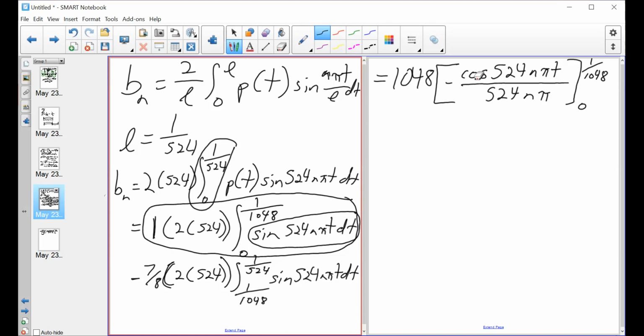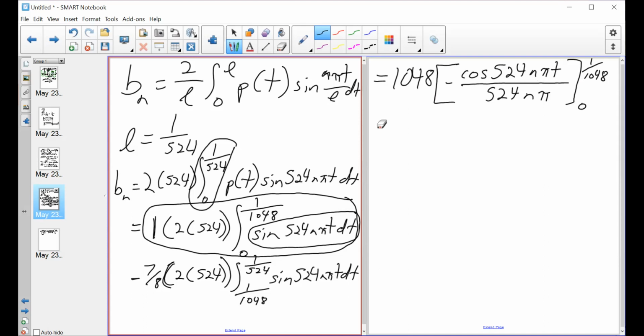Okay, so how do we deal with this? Once we have this, we have to deal with the boundaries, the upper and lower limits here. So this is how we do that. So now I'm gonna have the understood 1048. It's gonna operate on everything inside. So I'm gonna operate on the inside, expand everything out. 1048 is just understood to be out there, so I'm not gonna carry it through. I'm just going to worry about what's going on in here and bring back the 1048.